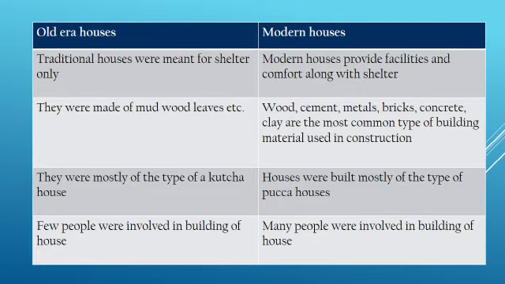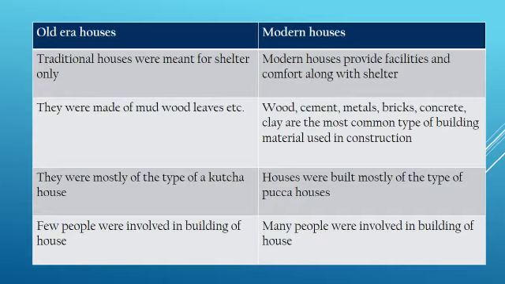Materials used in old era houses were mainly mud, wood, leaves, twigs, stones, etc. But nowadays, man has started using so many materials like wood, cement, metal, bricks, concrete that give a fine structure.